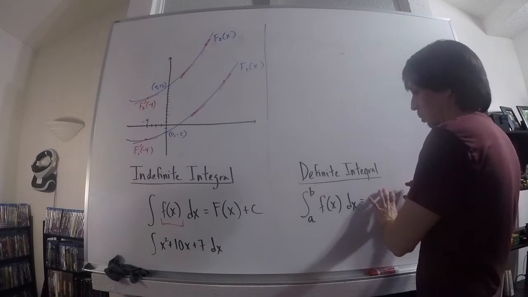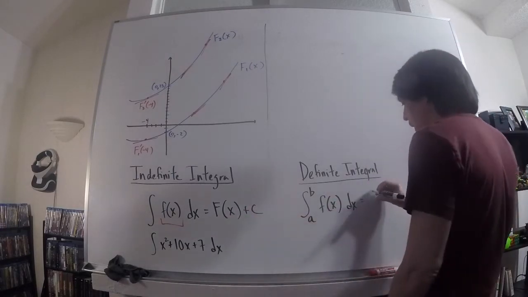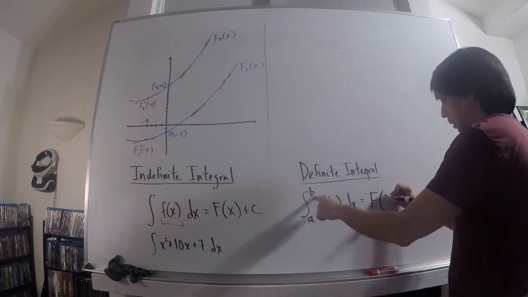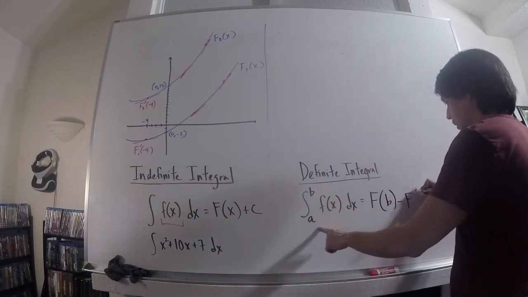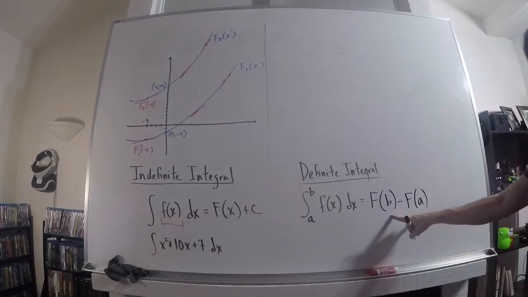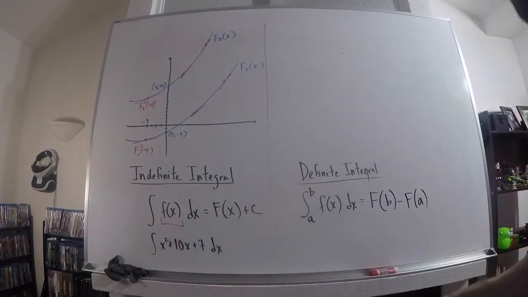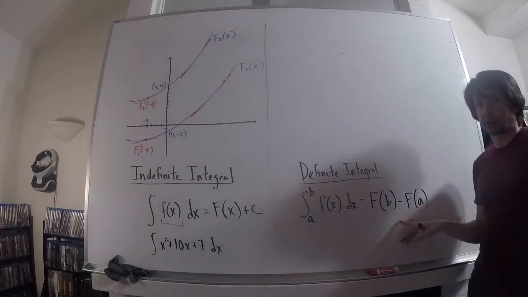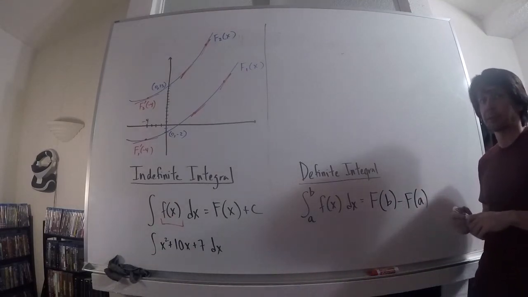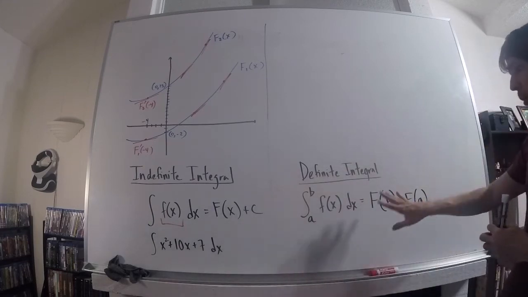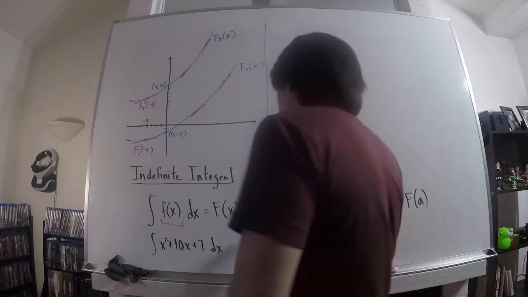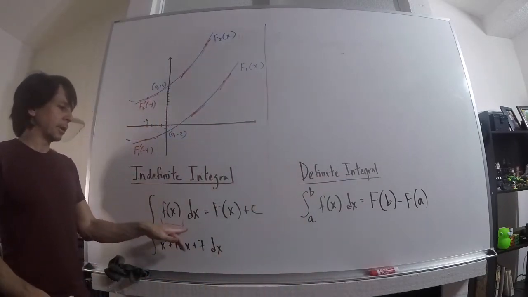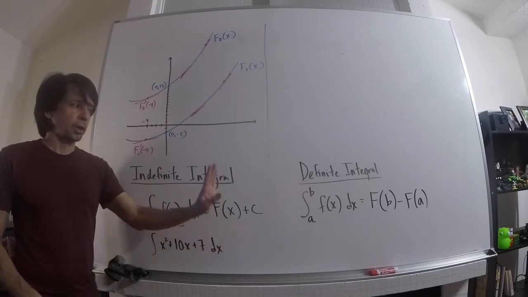And then instead of getting a function at the end, we'll get a numerical answer that we'll get by taking the antiderivative and plugging in b, the upper bound, minus a, the lower bound. And then we'll get an actual number for our answer for the definite integral, which has a meaning, which we're going to get to when we get there. But anyway, I want you to see this now so you understand the distinction between the two. For 5.1 and 5.2, we're just going to learn how to do indefinite integrals and find antiderivatives as functions. We'll worry about that later.